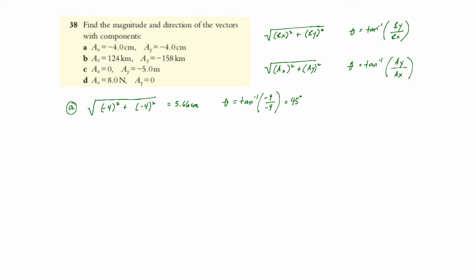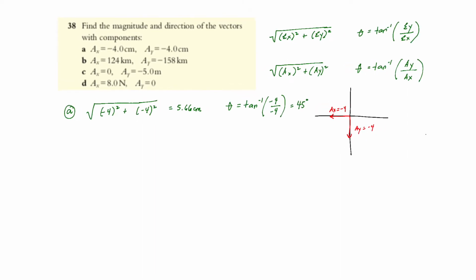If you try to sketch the graph, this one can be represented by the negative 4 from the AX, and then this one is the AY negative 4, and so it is in quadrant 3. So our reference angle is 45 degrees.